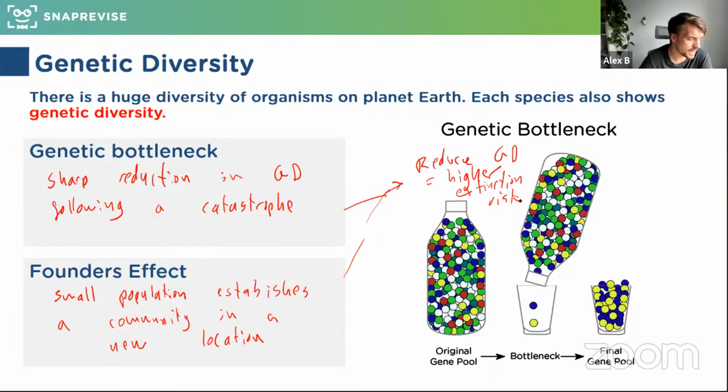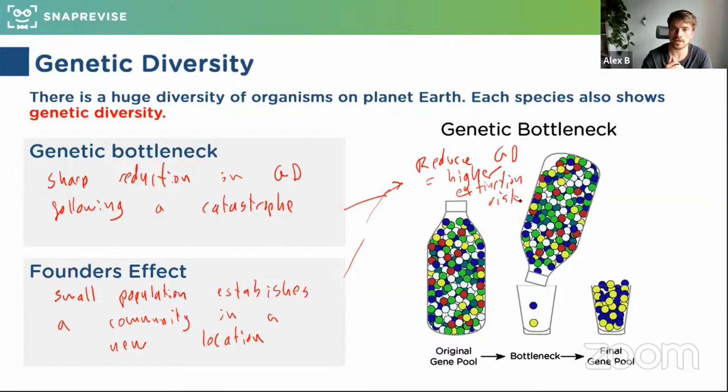You could talk about anything on an island. When something gets to a new island and colonizes it from there, that's the founder's effect. So it could be a tortoise drifts out on some driftwood. They can go for quite a long time without water, so they've managed to reach lots of islands, even though they don't actually swim. They just get blown offshore.